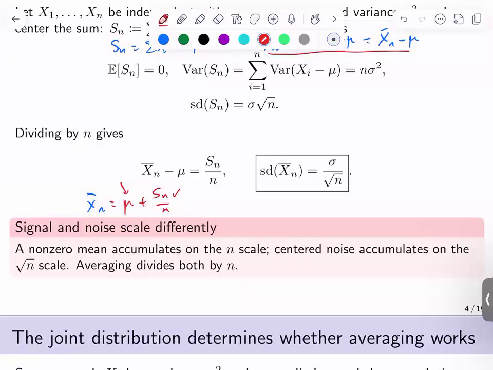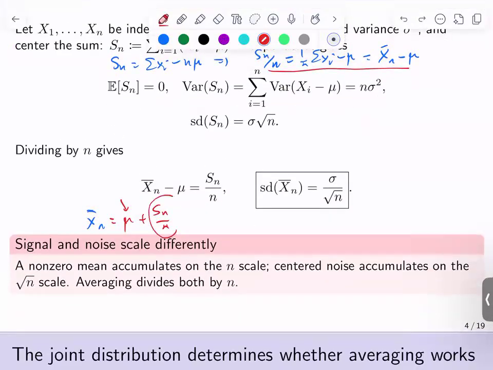And this is going to zero because this is the centered sum, going to zero at a rate 1 over root n, because the standard deviation of the sum is root n. This is another way of saying that the standard deviation of x bar n is sigma over root n.